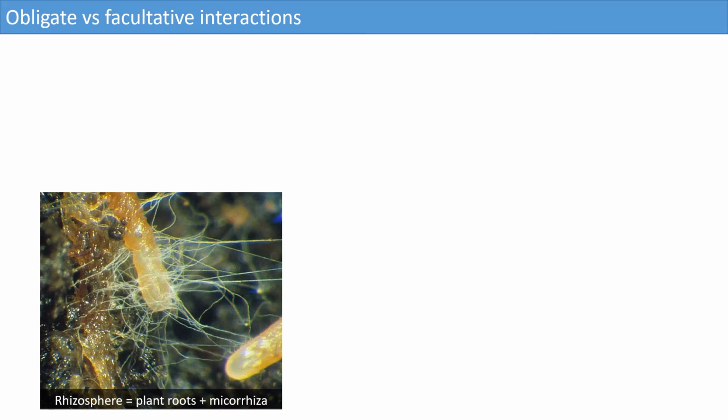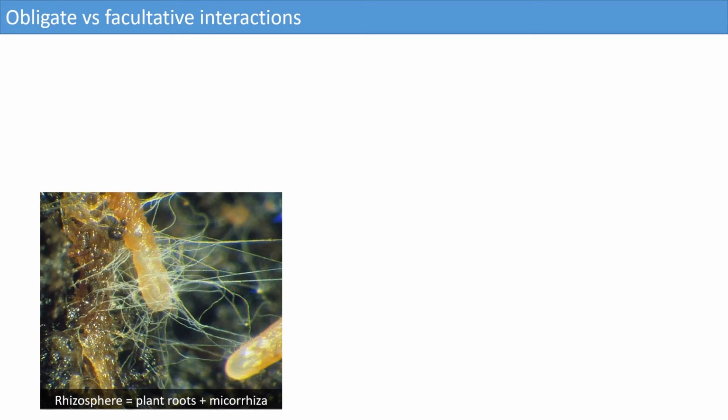So, for instance, the rhizosphere is defined as the combination of plant roots and soil microorganisms, which, among others, include mycorrhizal fungi. This association provides nutrition for the fungus, but it also helps the plant to increase its underground absorption surface, because mycorrhiza function as extension of the roots, and thus they provide the entire plant with water and nutrients that it couldn't get otherwise.